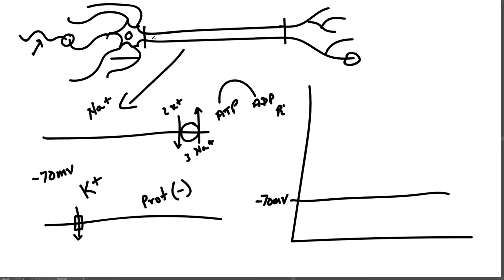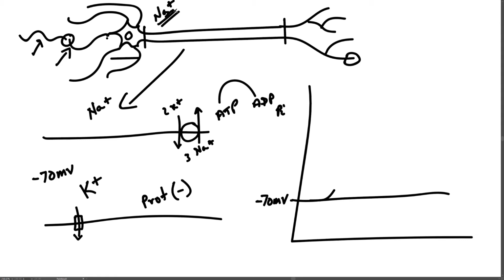And if you have sodium entering the cell at this point, and it flows throughout the cell, then sodium is increasing in the cell, and that causes the potential to increase because you have more positive sodium ions entering the cell.